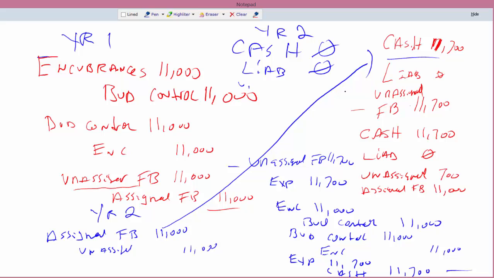So my unassigned fund balance has how much? 0. Did my unassigned fund balance decrease in year 2? Yes. By the amount of the expenditure? Yes.